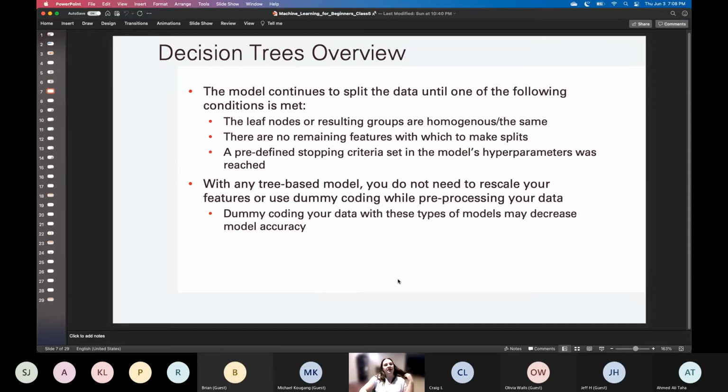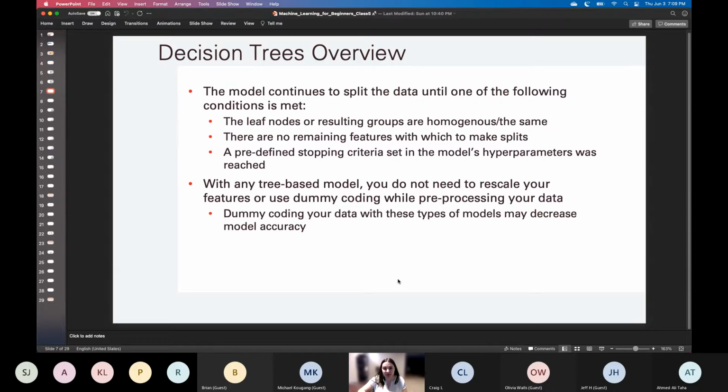So the model continues to split your data, and it stops for one of three reasons. One, everything has come down and there is only one value in your different leaf nodes.